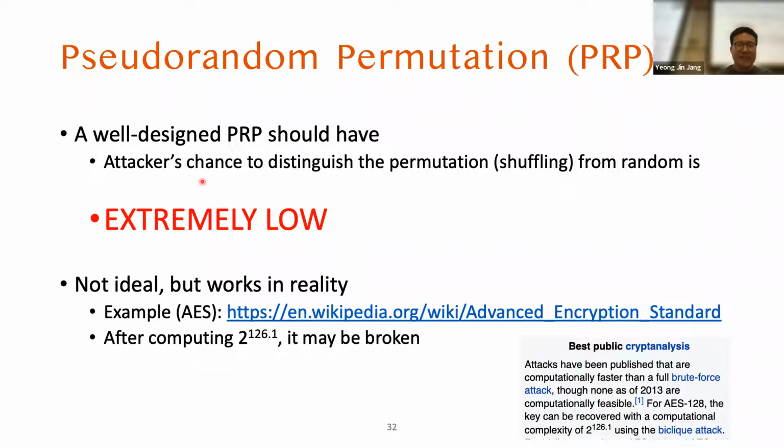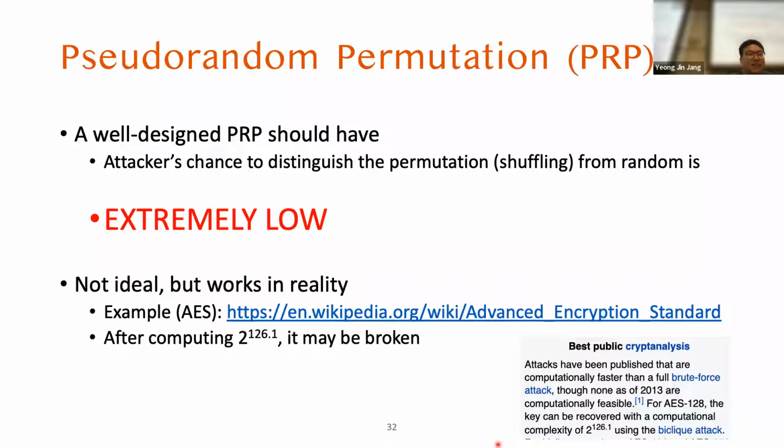For example, the Advanced Encryption Standard has cryptanalysis, and the best analysis says there is a biclique attack. I don't know the details, but the implication is that attackers may break it with a complexity of 2 to the 126.1. And 1 over 2 to the 126.1 is a very low chance.